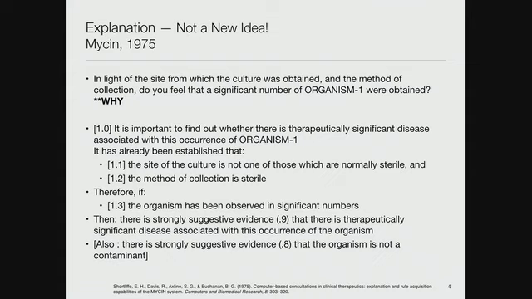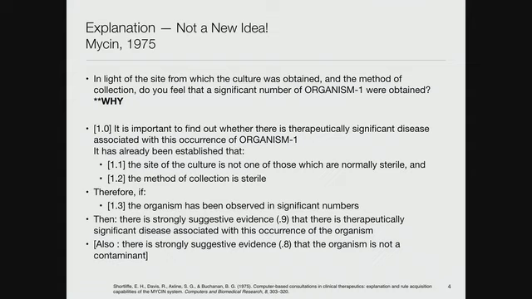So the program comes back and says, in light of the site from which the culture was obtained and the method of collection, do you feel that a significant number of organism 1 were obtained? In other words, if you took a sample from somebody's body and you're looking for an infection, do you think you got enough organisms in that sample?